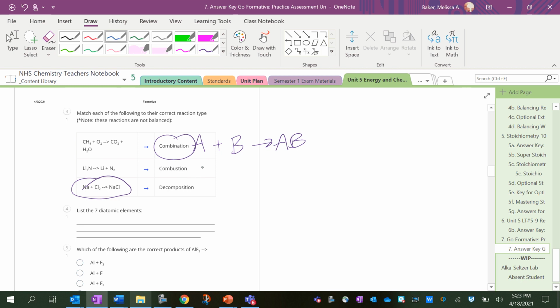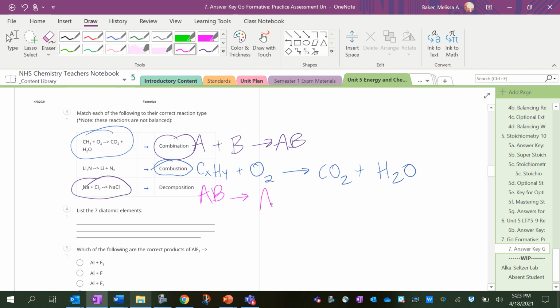A combustion reaction, that's often a bunch of carbons and hydrogens, called a hydrocarbon, plus oxygen, making carbon dioxide and water. That's the general format of many combustion reactions. So that matches that top one. And decomposition is the opposite of a combination. It's when you have something that's breaking into parts.